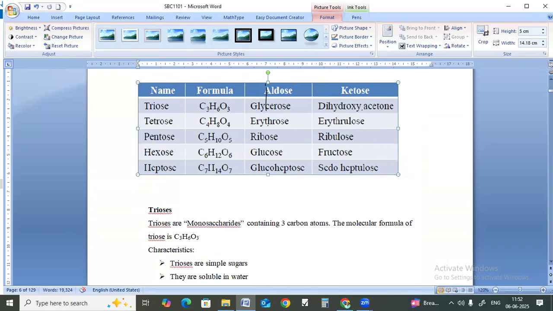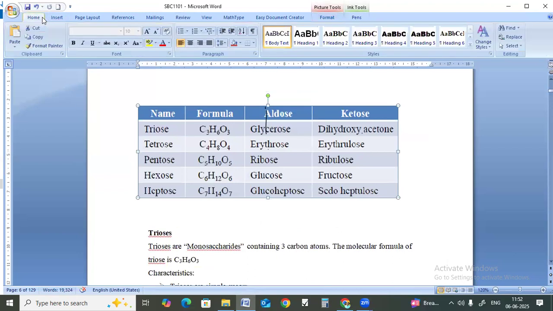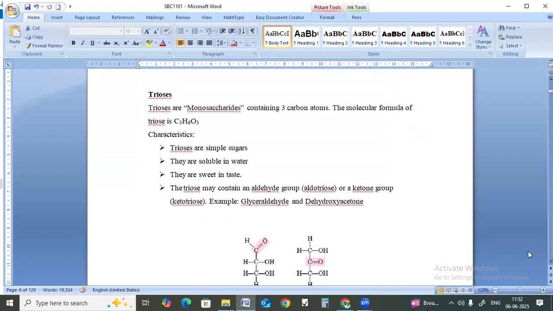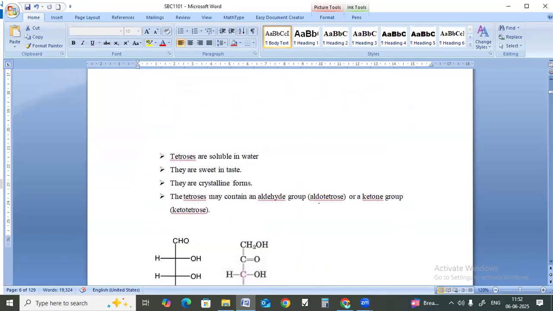Next, tetroses are called erythrose, and erythrulose if the functional group is ketone. Pentoses are named ribose, and if it is a ketose, it is called ribulose. We also discussed the properties of the trioses and tetroses.